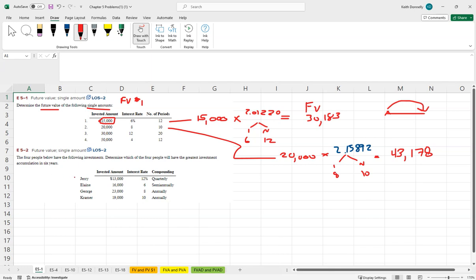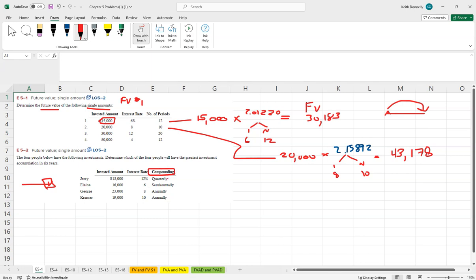Down here, they're giving us the Seinfeld characters and they're saying, who's going to have, at the end of the day, after this time period, the most money in this setup? Now, one of the things I want to call your attention to, and this is another way you can get tricked up, is if you fail to convert the N and the I in light of any type of compounding interest that is not annual.